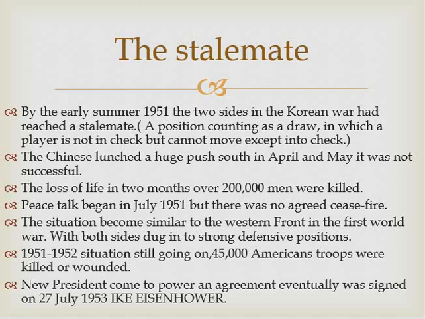If I have to break it down by period, I will surely break the key things that happened into June 1950 to July 1950, then September 1950 to October 1950, November 1950 to January 1951, February 1951 to March 1951, April 1951 to May 1951, and the last one, July 1951 to July 1953, when the Korean War actually ended.